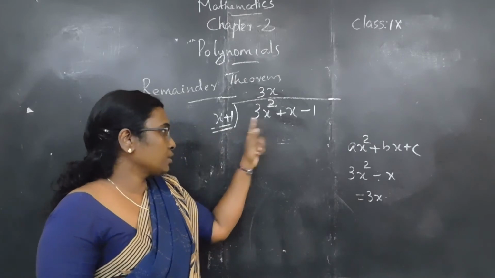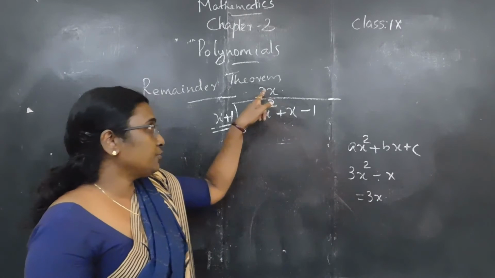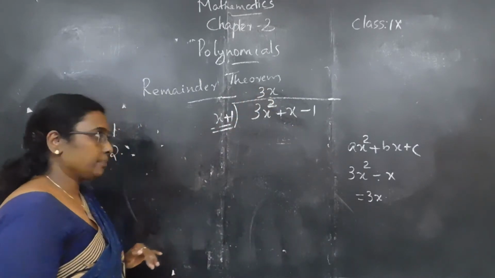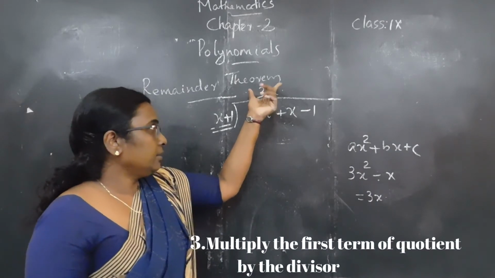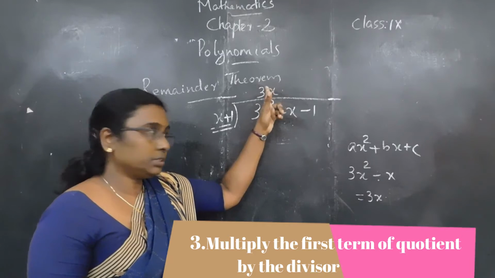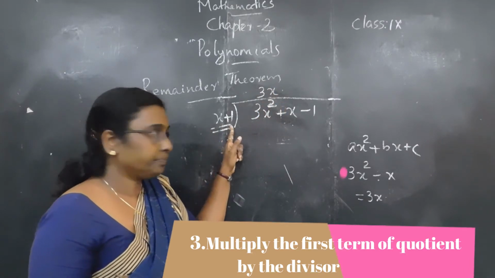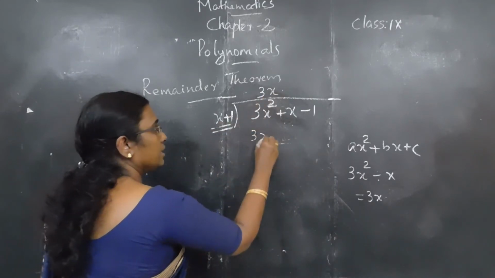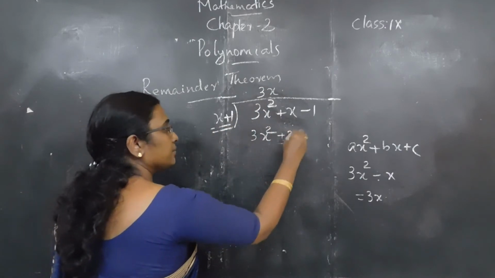Here 3x square by x, we get 3x. That is the first term of the quotient. Then the third step is to multiply the first term of the quotient by the divisor. That is 3x into x, that is 3x square. 3x into plus 1, that is 3x.